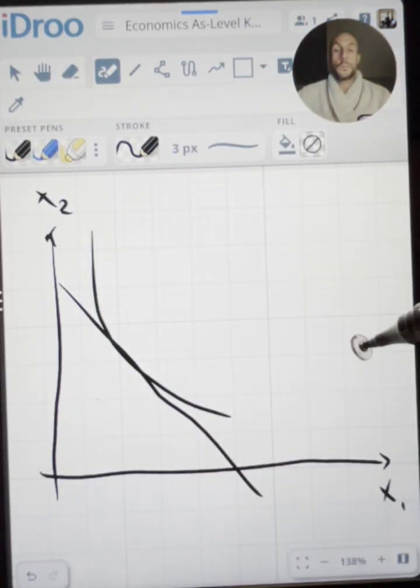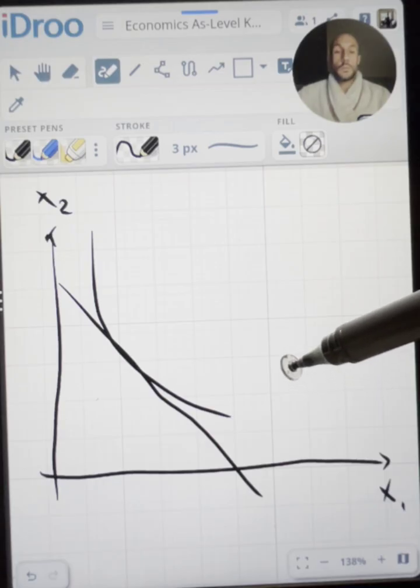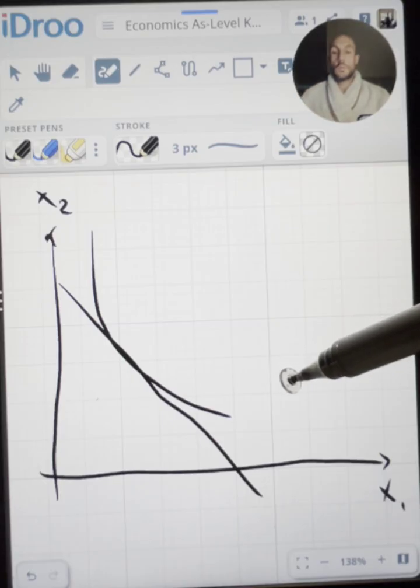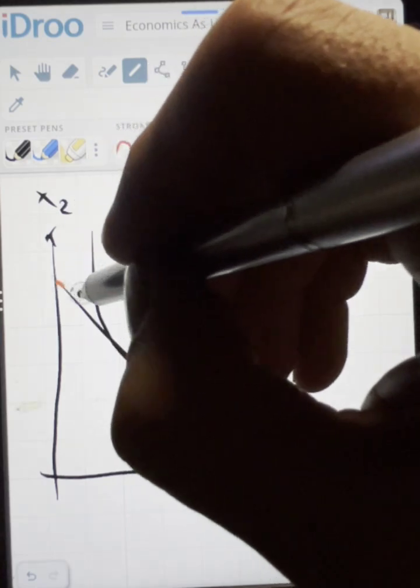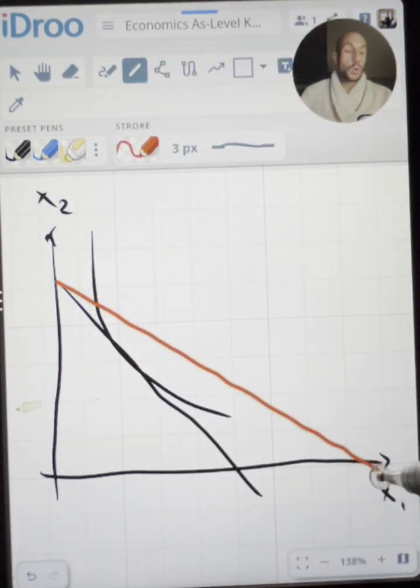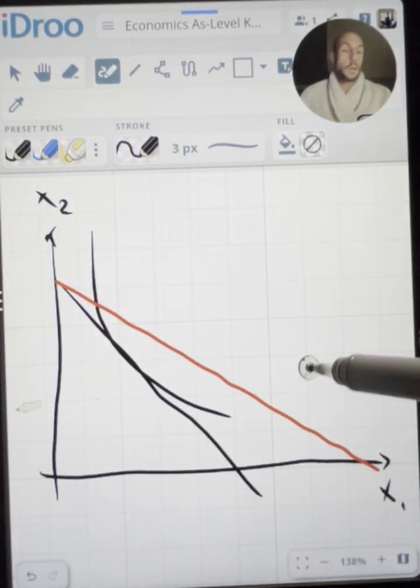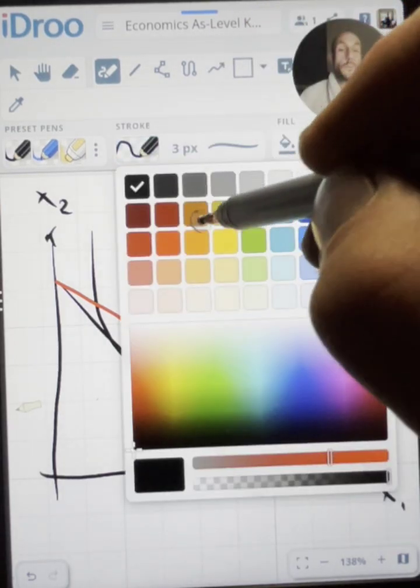What happens when the price of the good drops? So what happens is we draw the new cheaper one, let's write it here, red.